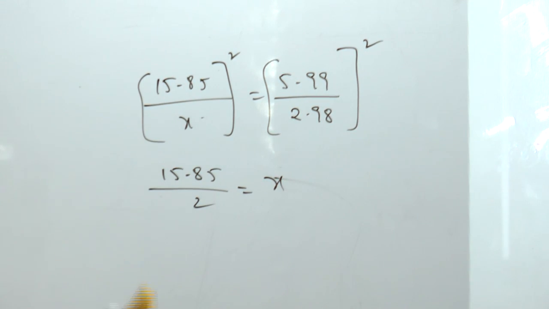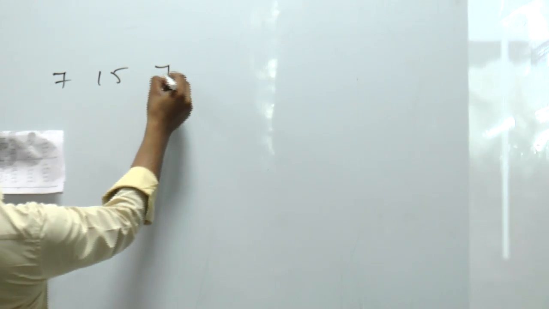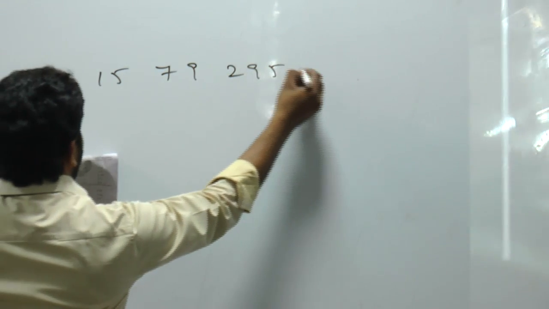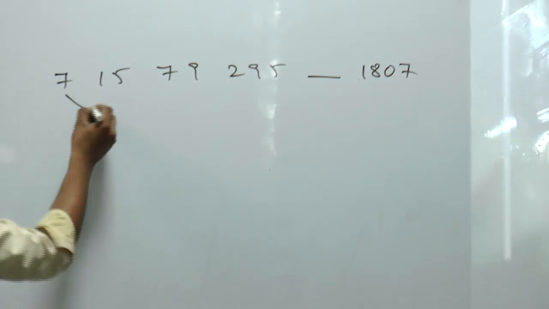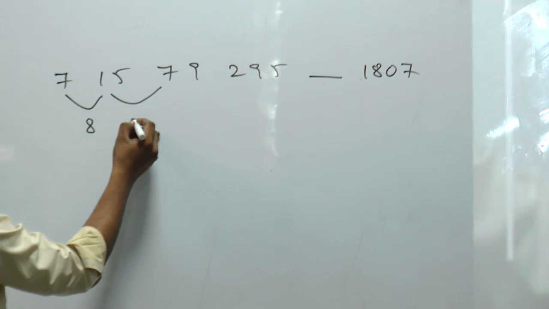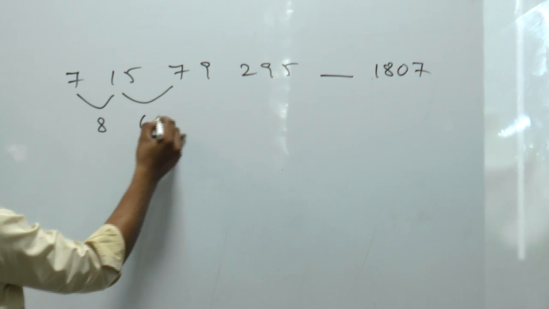Next, 56 to 60. 58 to 60. 56 is 7, 15, 79, 295 and then 1807. Go for difference. 8. How much is this? 64.